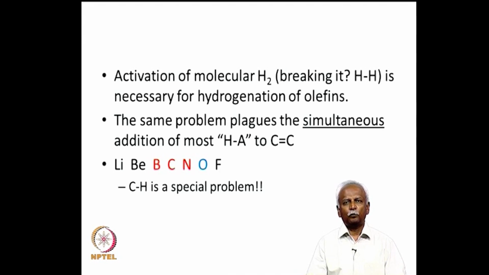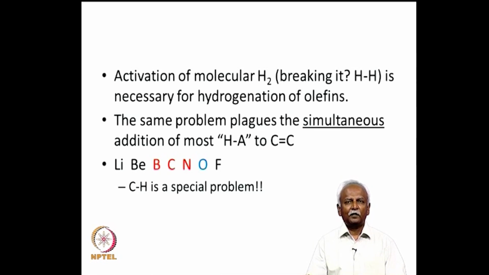CH is a special problem, because many of the molecules that we are dealing with have CH bonds, and so selective addition of CH or activation of CH is indeed a very difficult problem, and we will deal with it in a separate class altogether.